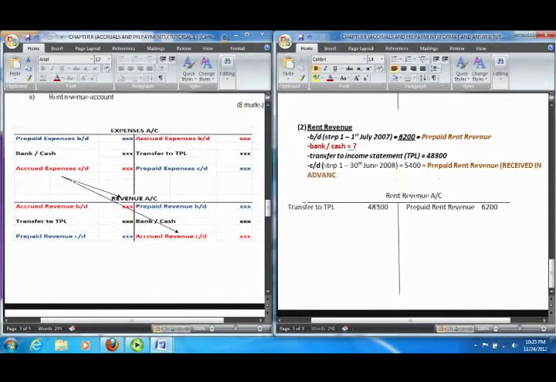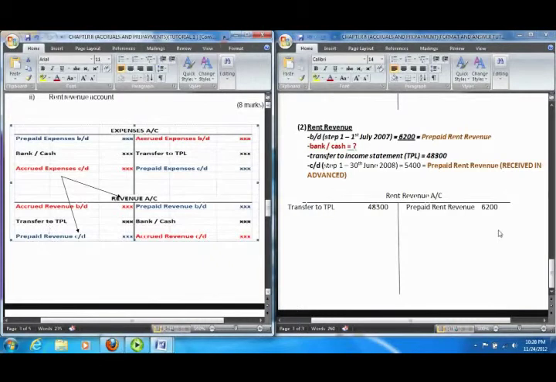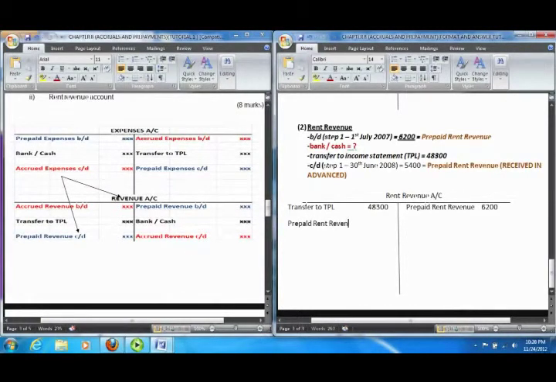Received in advance. Correct? So the question tells you it is received in advance, considered as prepaid, 5,400. So when the situation is prepaid, where's your CD, class? CD must be put at the debit side because prepaid rent revenue. The amount is, as you can see, 5,400.